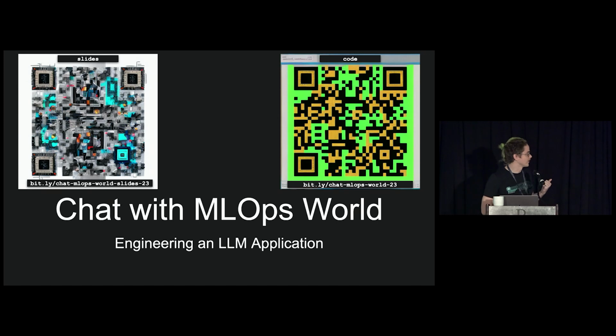There are two QR codes up here, one for the slides, one for the code. In my experience, and what I've heard from people from yesterday, trying to clone a repository and spin up a bunch of services on hotel Wi-Fi is not a great idea. So rather than trying to code along as I go, I would check out that repository later if you want to actually execute stuff.